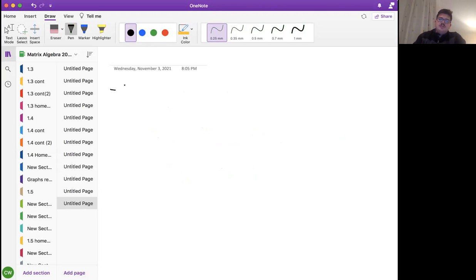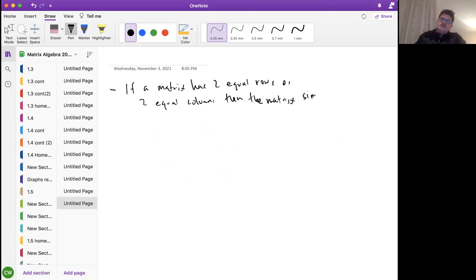Why is this true? If a matrix has 2 equal rows or 2 equal columns, then the matrix is singular. Why is that true? Row ops, good.